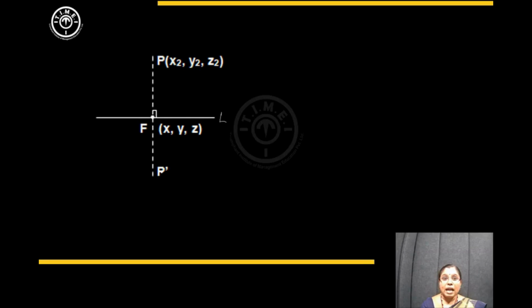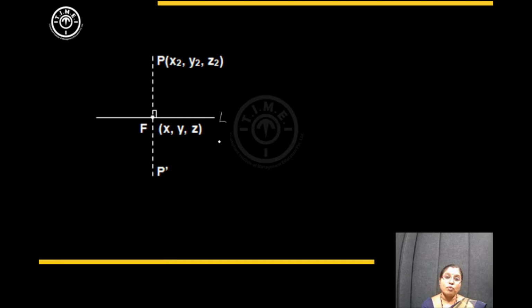Now P dash will be the mirror image of the point P with respect to the line L. So FP and FP dash will be equal in length. That is, the distance between F and P will be the same as F and P dash, and F will be the midpoint of P and P dash.